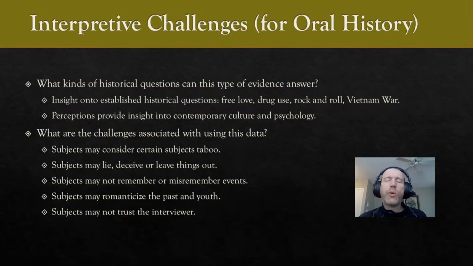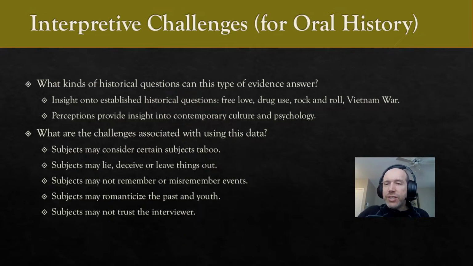One of the things that's very important when you're doing a scientific form of analysis is that you don't overrepresent the evidence. In fact, you have to qualify the evidence and ascertain variables in the data set, interpretive challenges that may have to be overcome. So oral history is a well-known example of this.